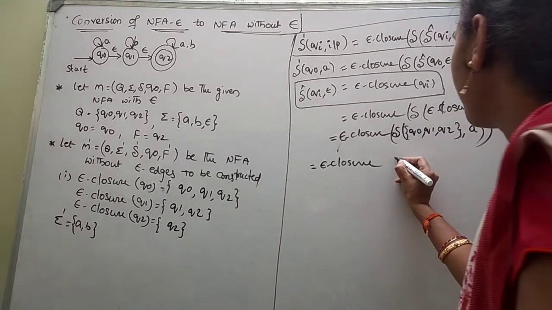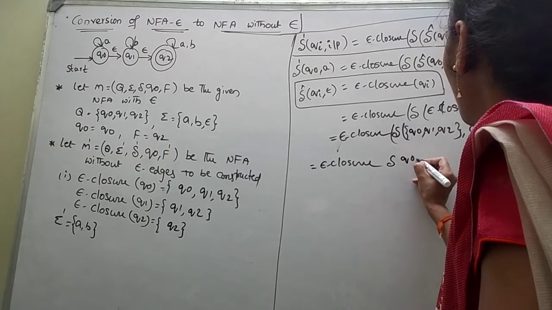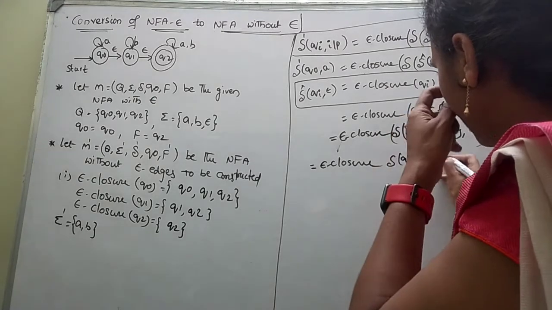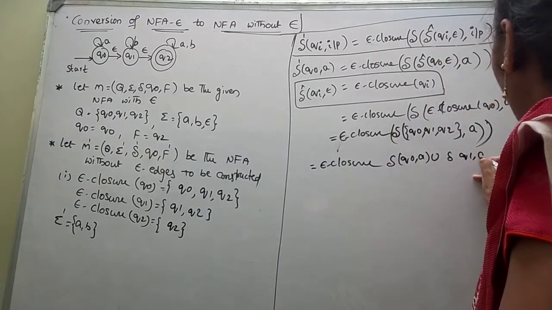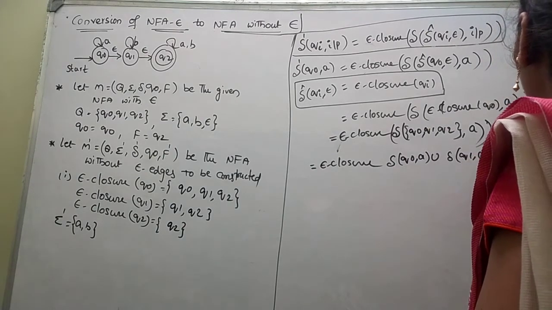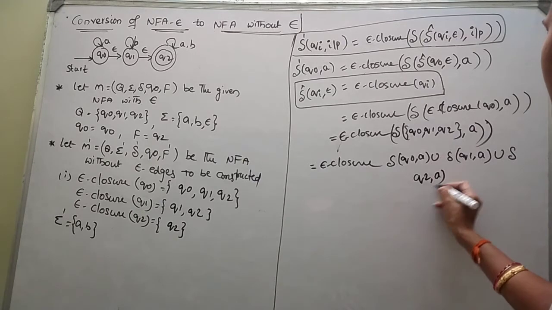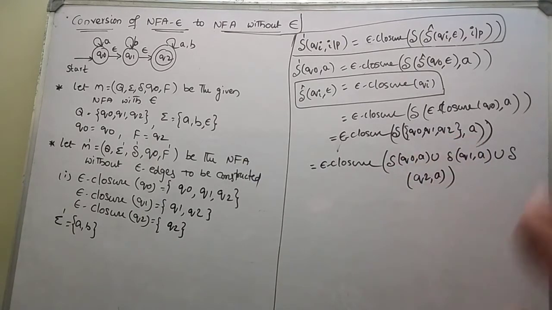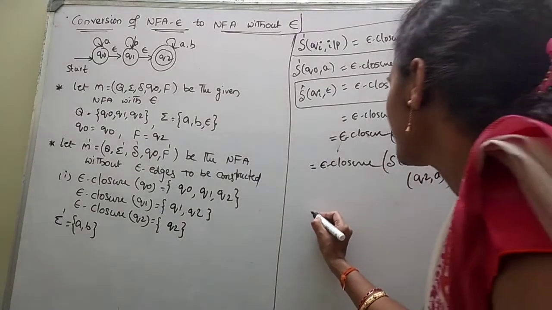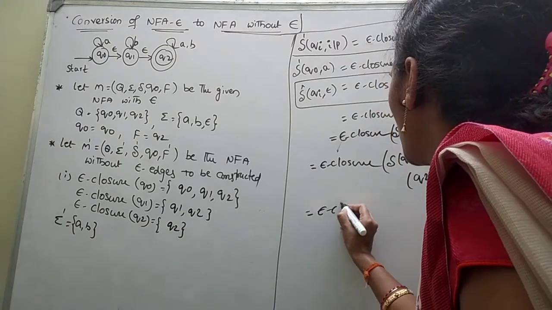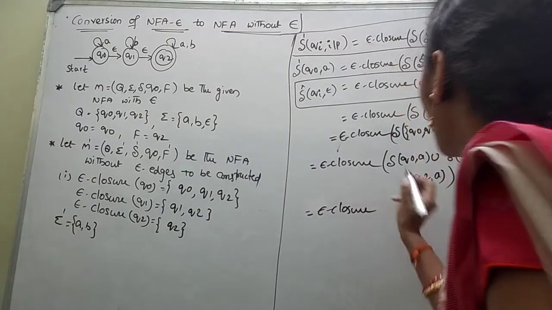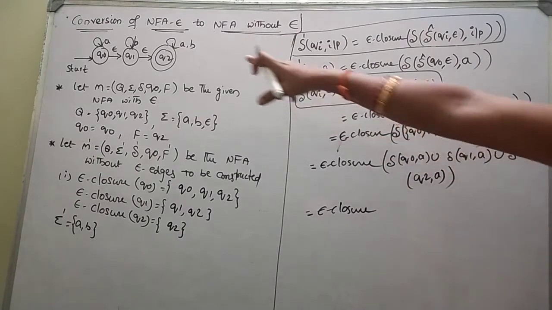That means delta of Q0 comma A union delta of Q1 comma A union delta of Q2 comma A. What is delta of Q naught of A here?